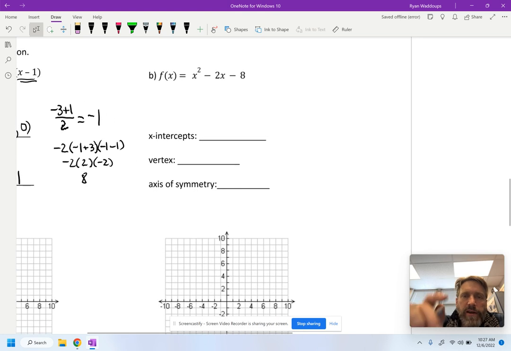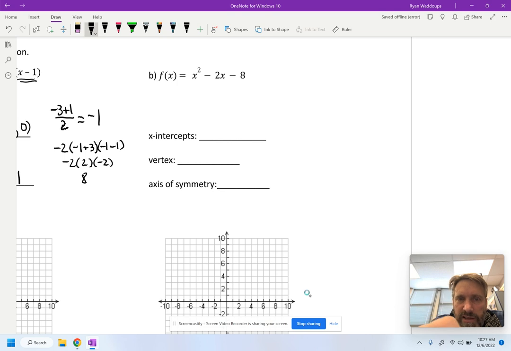So x squared minus 2x minus 8, this is not factored. And so to factor it, I check for GCF, which there is not a GCF greater than 1. So I skip that step and I say, well, AC is negative 8 and B is negative 2.